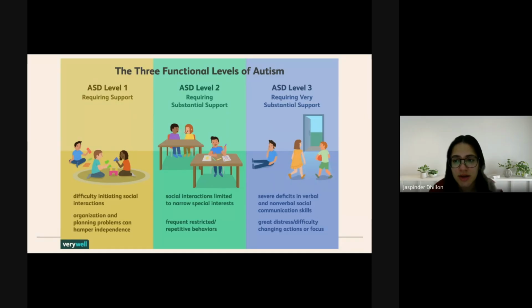And in the third level, it's children with much more severe challenges in communication, social interactions, and behaviors. They may have very limited verbal skills and repetitive behaviors, and if there are any changes in their routine, this may lead to high levels of distress. These children would require much more intensive, round-the-clock support to ensure their safety and well-being.